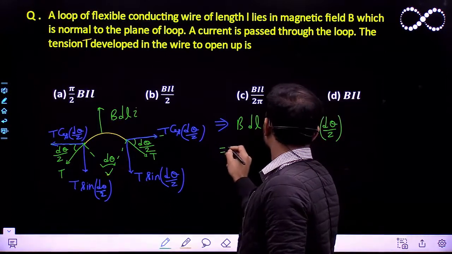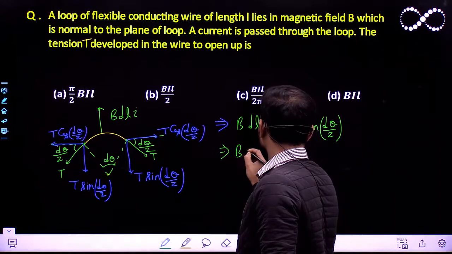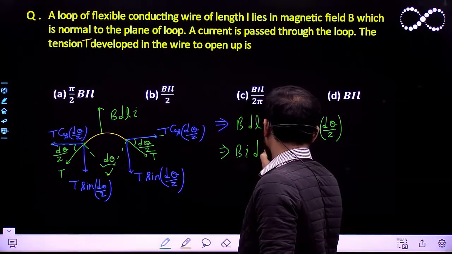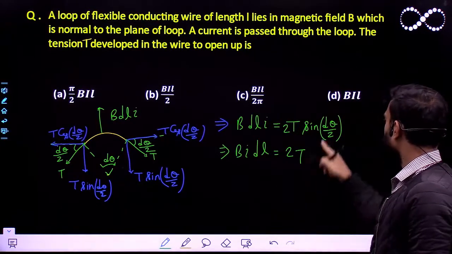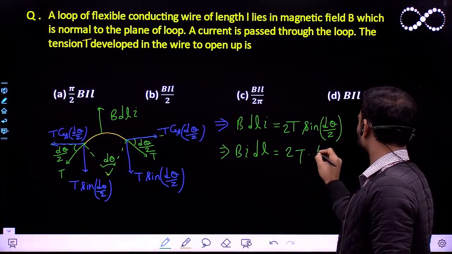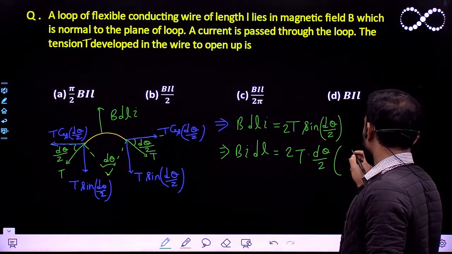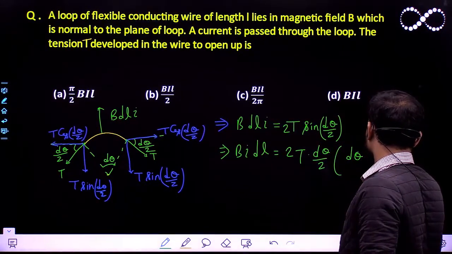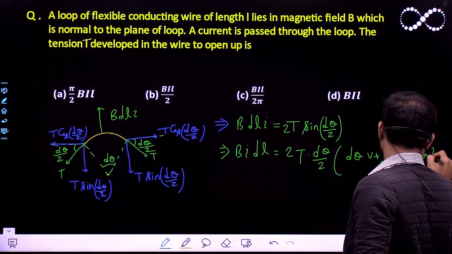Since the angle is very small, sin d theta by 2 must be equal to d theta by 2, because d theta is a very small angle.